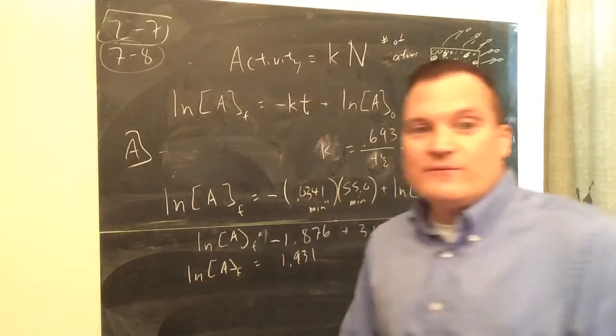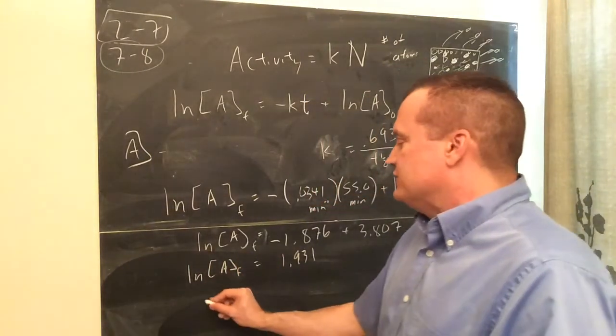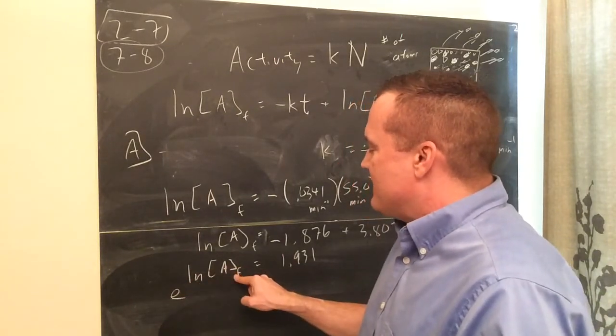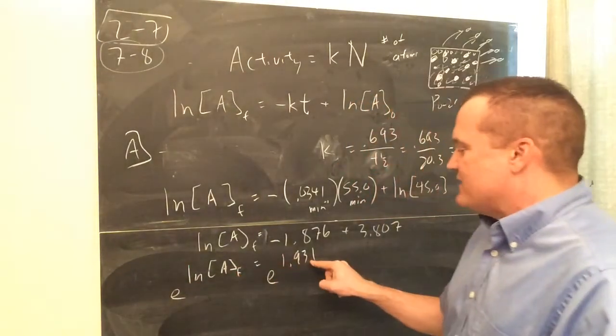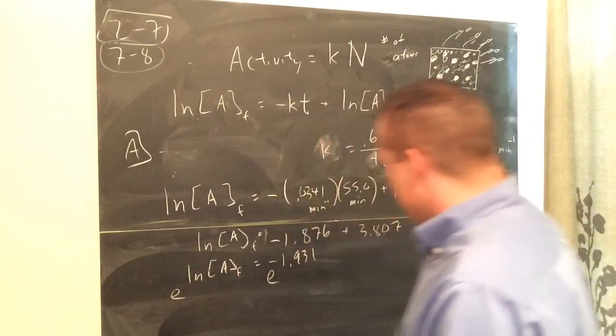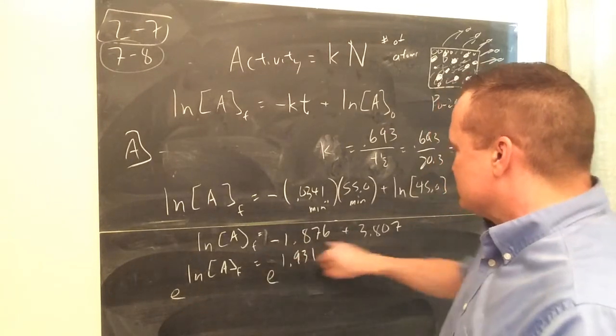So, to get rid of natural log, what you get to do is you raise e. e raised to the natural log of A power is equal to e raised to that. It's positive now, because that was a greater number.